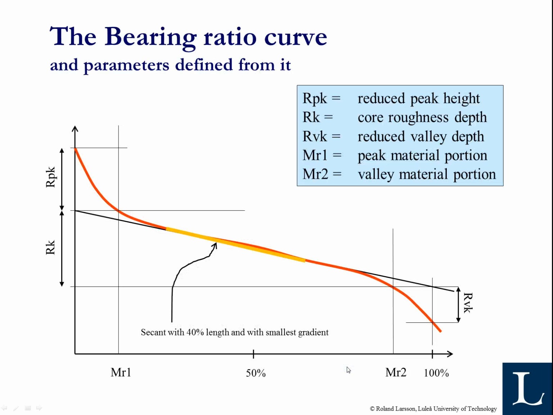So the bearing ratio curve is used to define a number of other parameters, like the core roughness depth, which is a little bit tricky to find. This is the bearing ratio curve again, and you try to fit the secant, which is 40% of the total length.